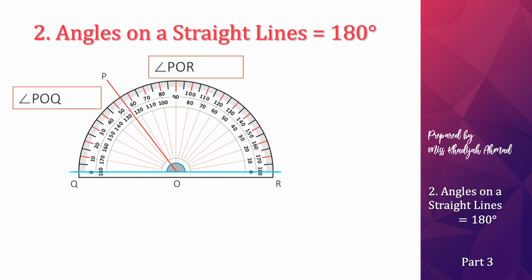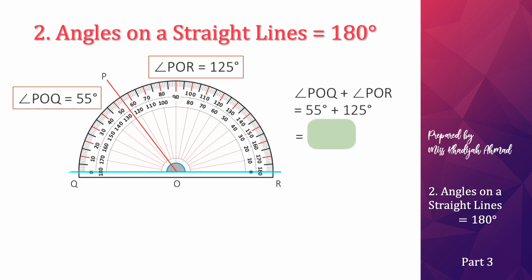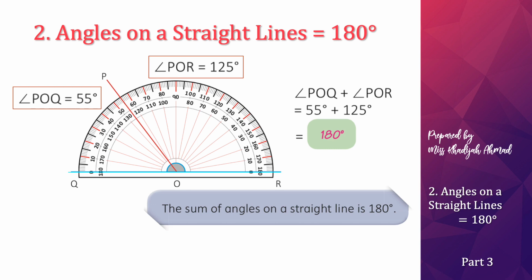According to the angle on the protractor, from the outer scale, we can get angle POQ as 55 degrees, and from the inner scale, angle POR is 125 degrees. So, when we add the 2 angles, 55 degrees plus 125 degrees, it will become 180 degree. Hence, the sum of angle on a straight line is indeed 180 degree.